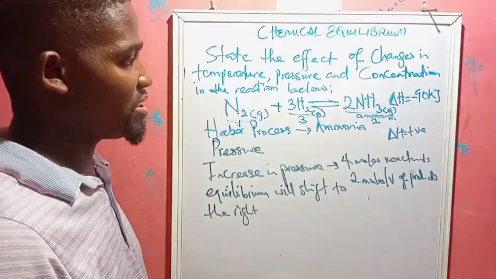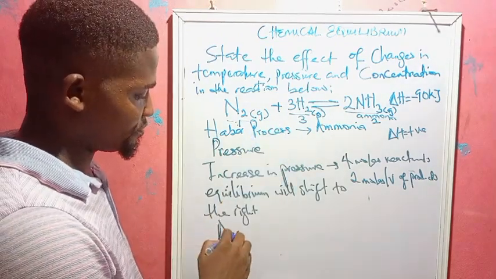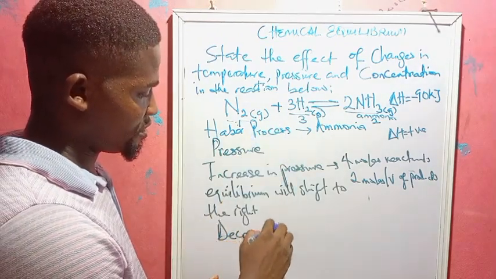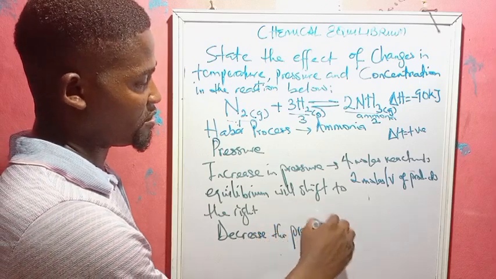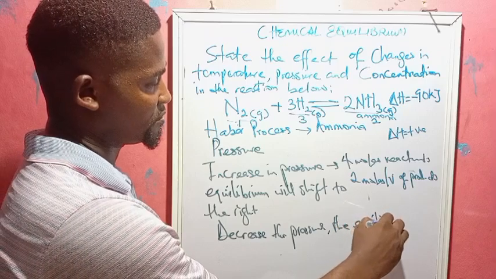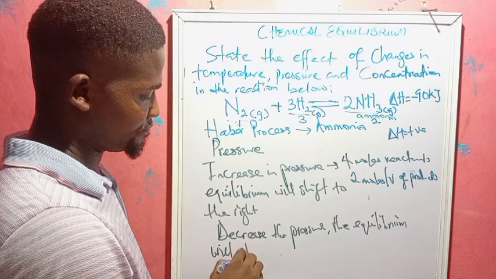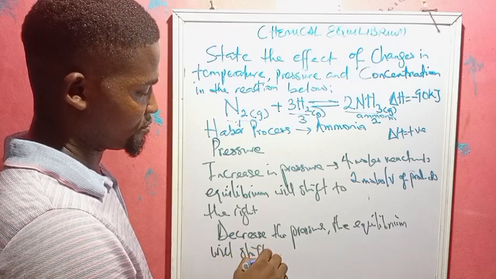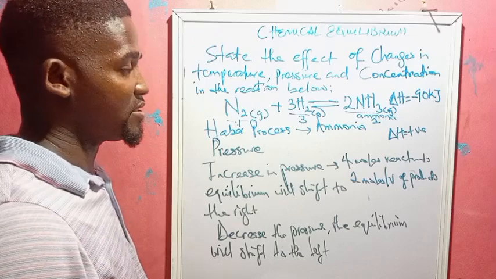Meanwhile, if we decrease the pressure, there is already increased pressure here. So if we decrease the pressure, the equilibrium position will shift backward, to the left or reactant side.